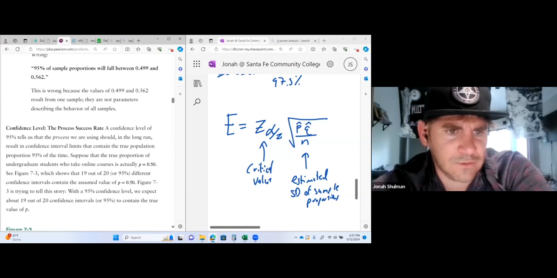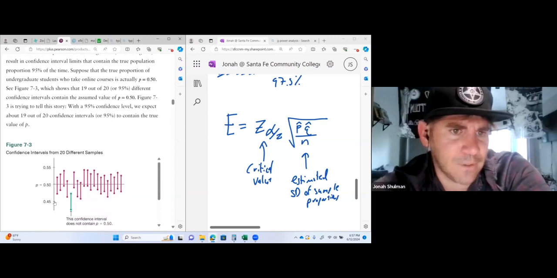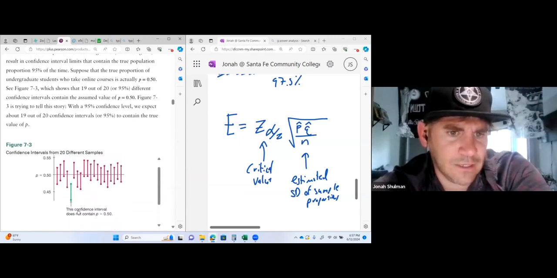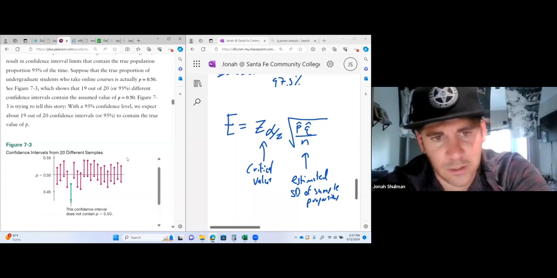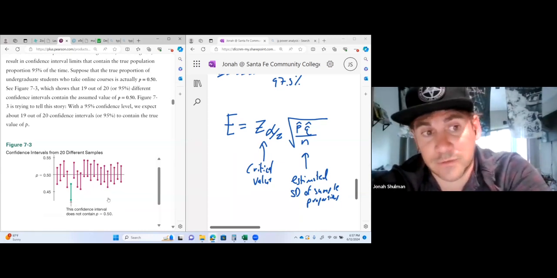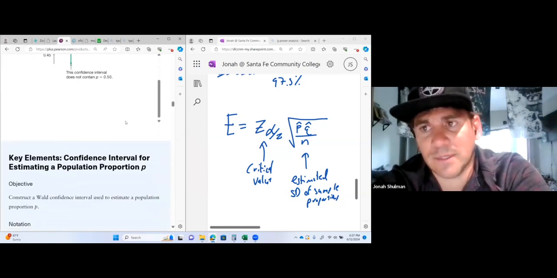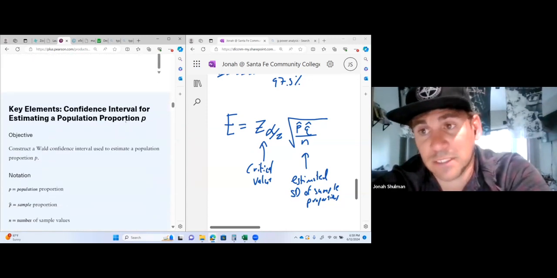Is Figure 7.3 true? At 95% we expect 19 out of 20 confidence intervals to contain the true value. This one does not contain it. So this is why we can be so sure that most of the time we're going to be right. It's not like a guessing game. It's just like we're trying to make the best estimated guess based on our data.